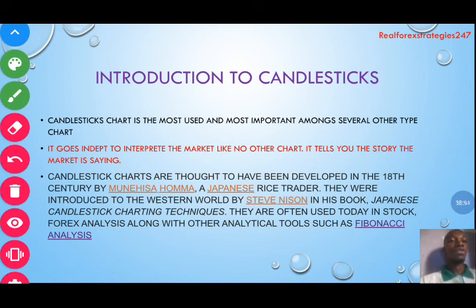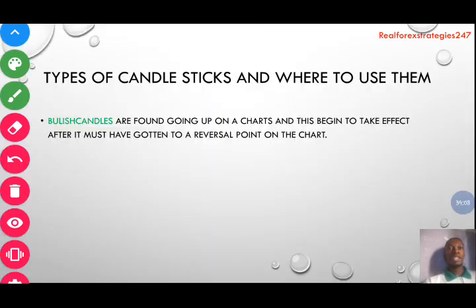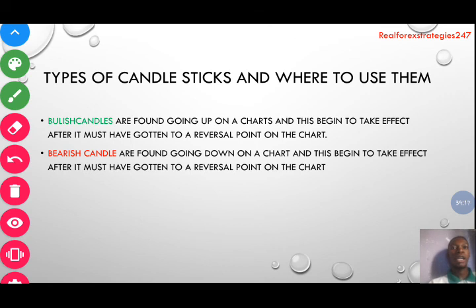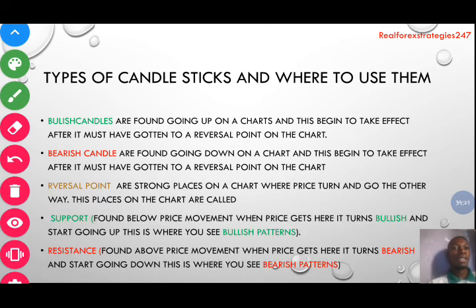It is the most famous kind of chart pattern, and I talked about how to interpret the candlestick, how the candlestick really forms. I talked about the types of candlestick and where to find them: bullish candlestick, bearish candlestick, reversal points, support areas and resistance areas.